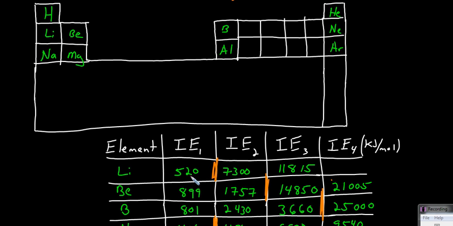This is fairly low as an ionization energy. Lithium has a low first ionization energy, but an extremely high second ionization energy, and then a high third ionization energy as well. You can see that there is a dramatic and almost exponential increase in ionization energy as we go from the first to the second ionization energy.